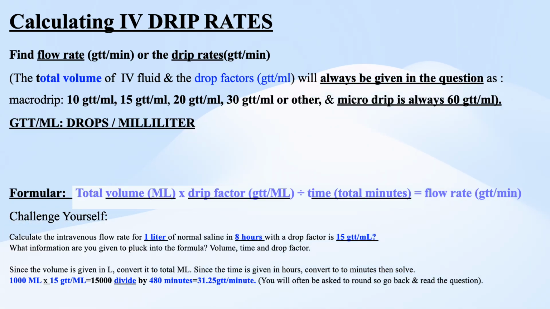All right, so you might get an answer like this: 31.25 drops per minute. Now when you get your answer, always go back to the question and find out, are they asking you to round or not to round? If you are asked to round, then go ahead and round, and they will tell you what to round to: the nearest whole number, the nearest 10, the nearest hundreds.